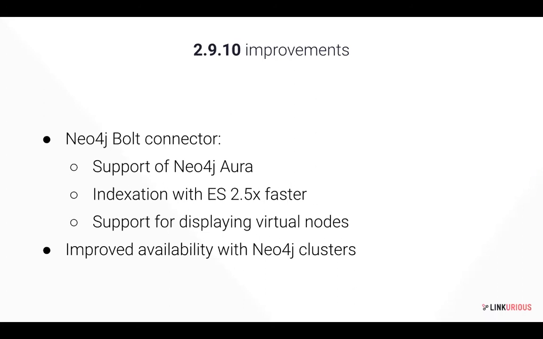But because of the changes introduced in Neo4j v4 and in their HTTP protocol, we were not able to do that anymore with Neo4j v4. So here in 2.9.10, with this Neo4j Bolt protocol support, we'll be again supporting fully the display of virtual nodes.